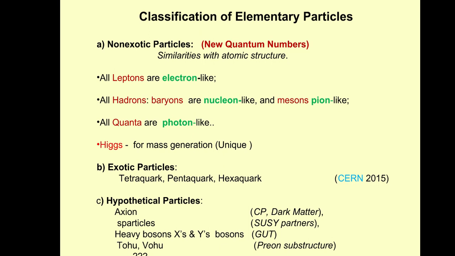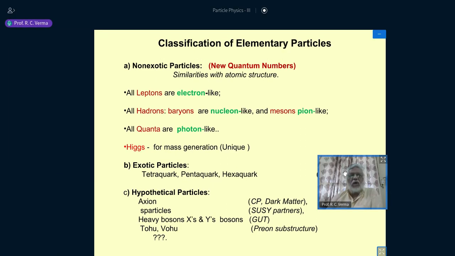These are three. They put in three or four categories. One is leptons, the other is hadrons, third is quanta, and Higgs belongs to its own class. So, if you understand the atomic structure, then life is not difficult, because all leptons are quite electron-like. If you understand the behavior of the electron, you more or less understand the behavior of all the leptons.